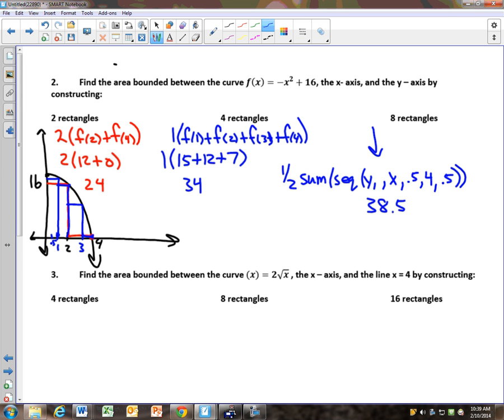Exactly. Can we do one, not one more problem, but can we do something that's just totally fun? Let's do 400 rectangles.